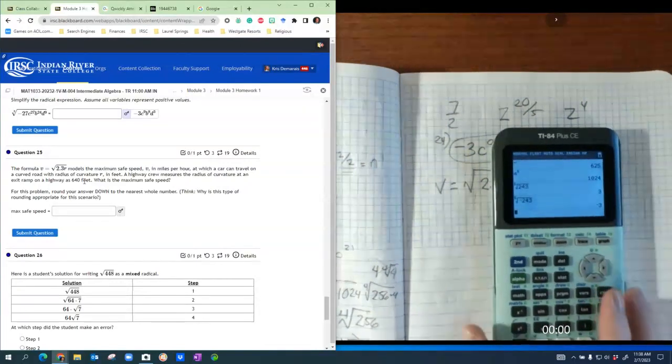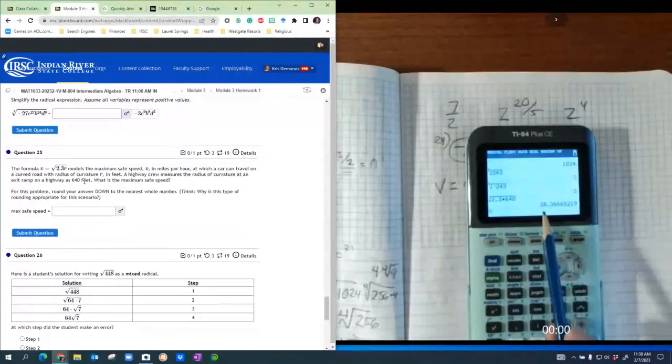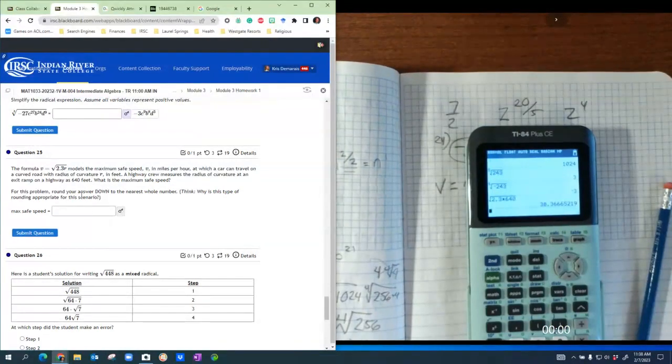We're going to just put it into the calculator and see what happens. So hit the square root symbol, 2.3 times 240. And then we're going to need to round this off, because the maximum speed you want to go is 38 miles per hour. That would be the answer we're looking for.